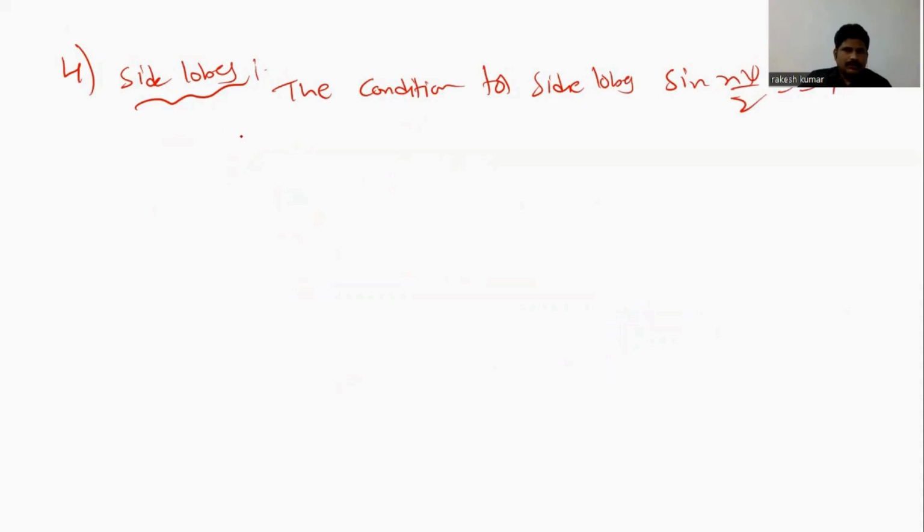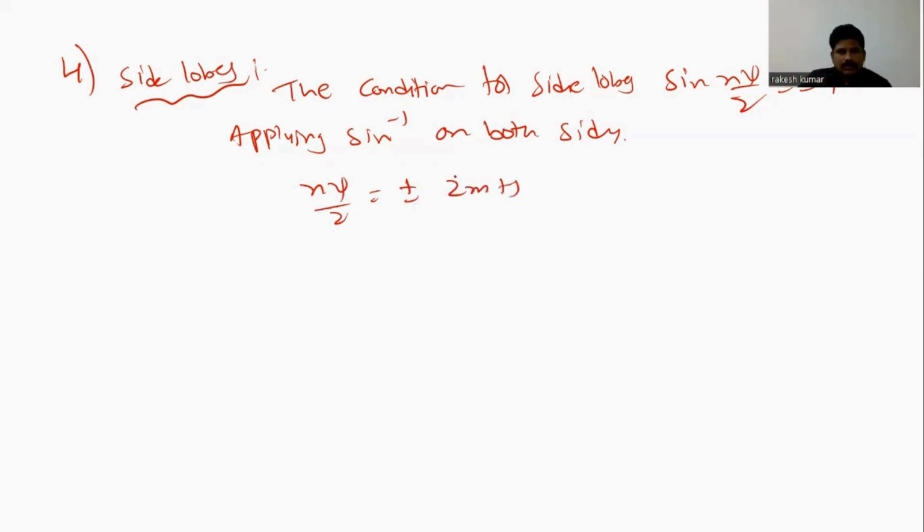So applying sine inverse on both sides, we get n psi by 2 is equal to plus or minus (2m plus 1) pi by 2, where m is equal to 1, 2, 3, and so on. Why are we not considering m is equal to 0? Because if m is equal to 0, we'll get the maximum radiation. So that's why we should not consider m is equal to 0.